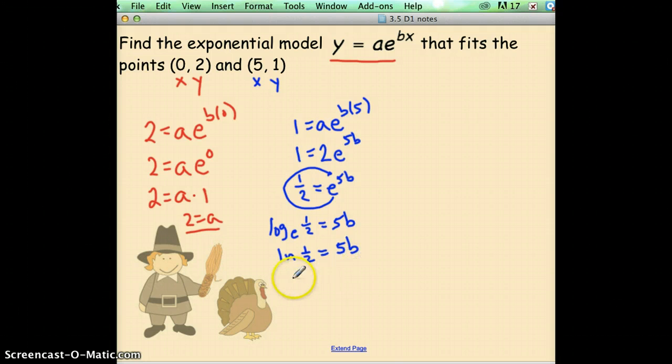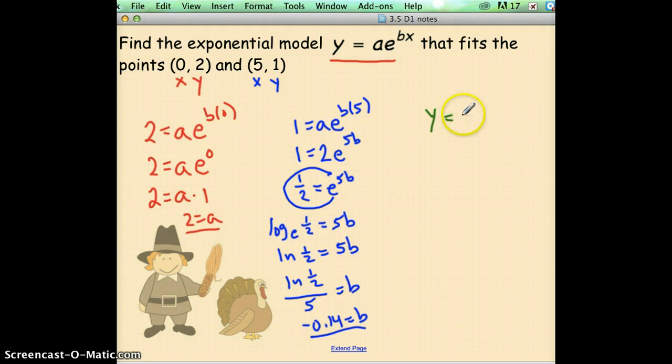And to get b alone, we have to divide by 5. So natural log of 1/2 divided by 5 will give us the b value, and that ends up being negative 0.14. So now you take the a and the b and you put them back together in this formula.